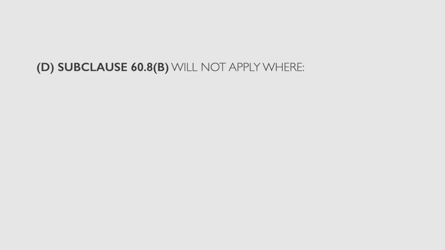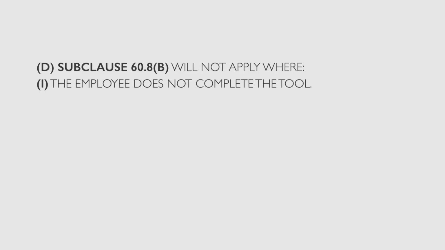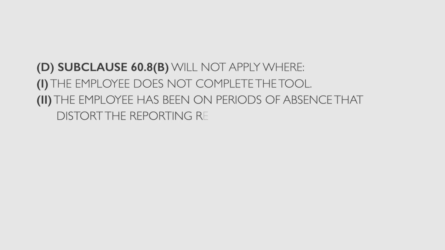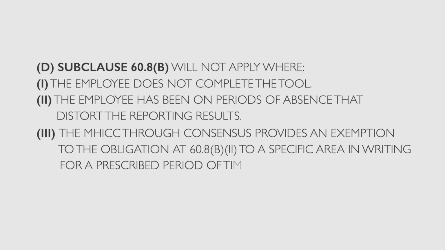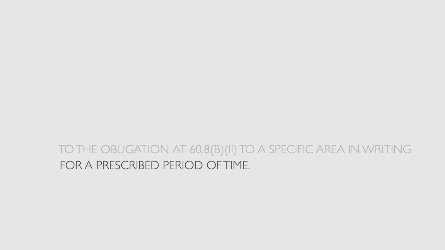Subclause 60.8b will not apply where: Roman numeral 1, the employee does not complete the tool; Roman numeral 2, the employee has been on periods of absence that distort the reporting results; Roman numeral 3, the WIC, through consensus, provides an exemption to the obligation at clause 60.8b, Roman numeral 2, to a specific area in writing for a prescribed period of time.